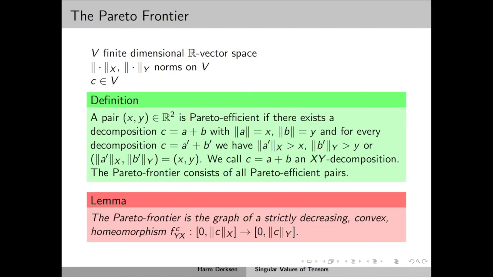Then we get some function. Sorry, I don't have a picture. But it's just some function that's decreasing. So for every value of x, you can look at the optimal value for y.